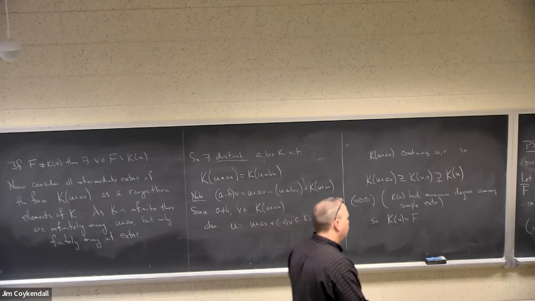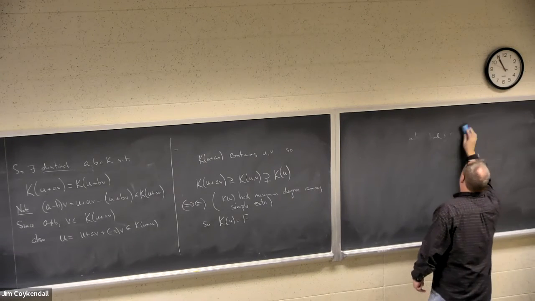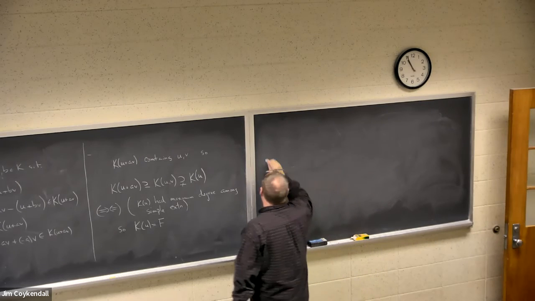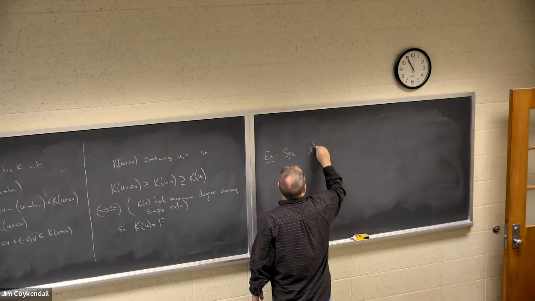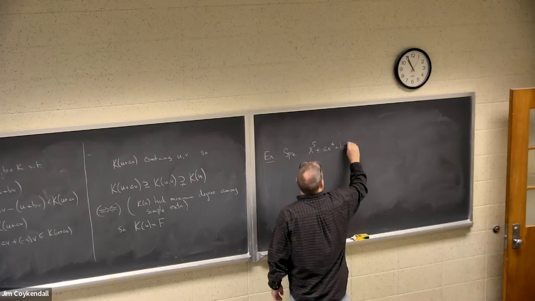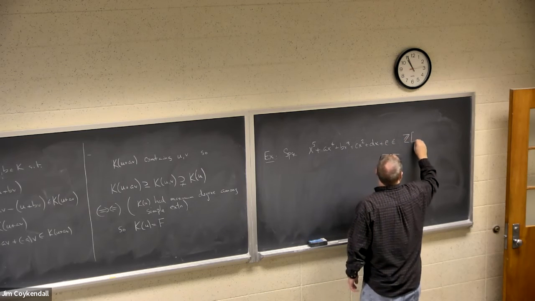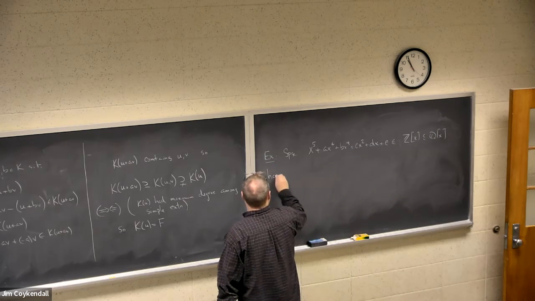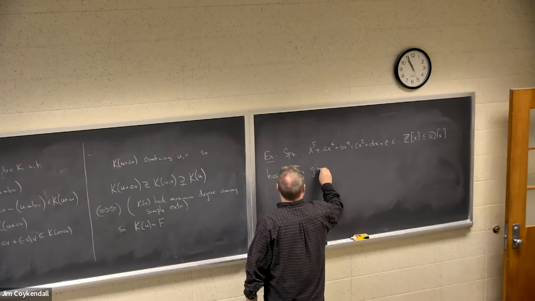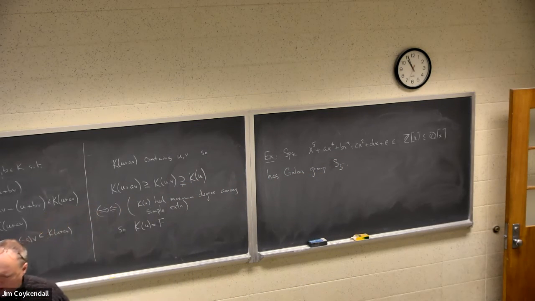This is really kind of nifty, I think, because, for example, suppose a polynomial says it has Galois group S5, and I'm here to tell you they're all over the place.